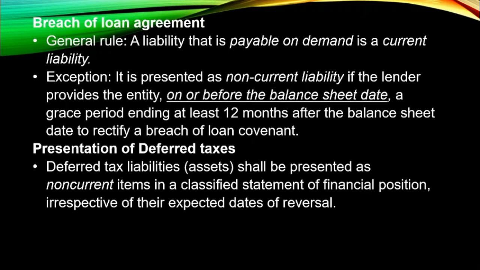So this is the exception. If it is payable on demand, it is current liability. But if there is an agreement by the lender, meaning a grace period is given by the lender, then it would be a non-current liability. So what is the presentation?